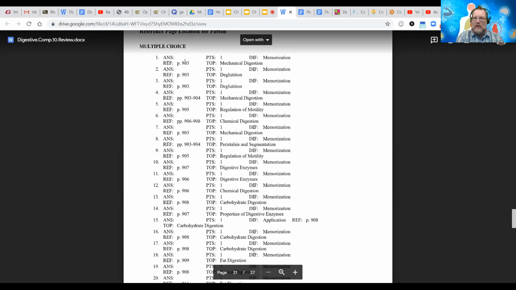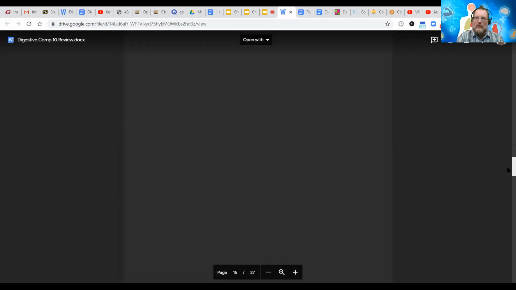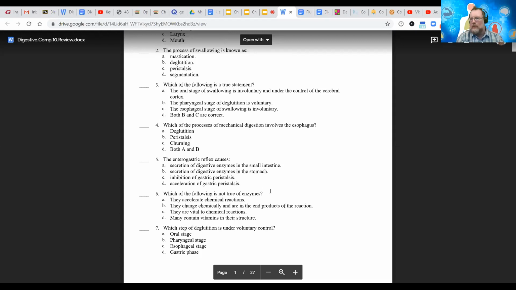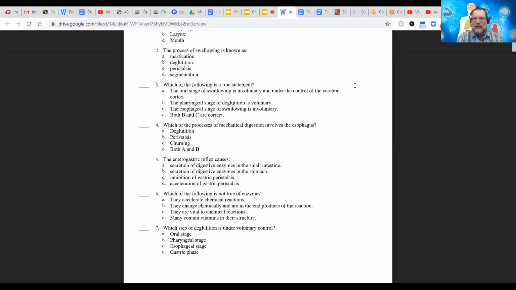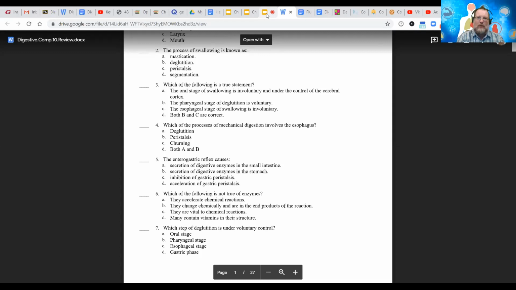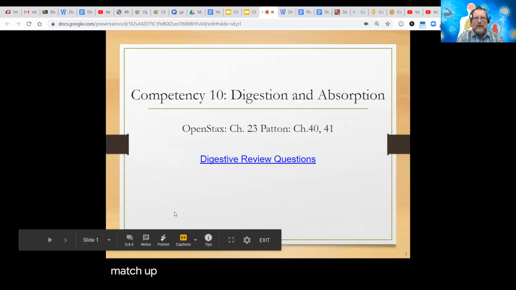That would be helpful if you have the Patent text. So you don't need it, but if you do have it, that's what the page number references. More importantly is the topic that it discusses. So as you review or before you take the exam, you may want to go through some of these. They match up with the PowerPoint. They match up with the chapter.